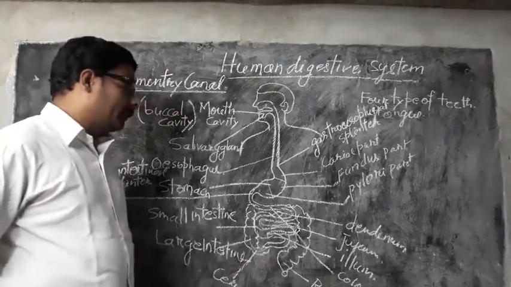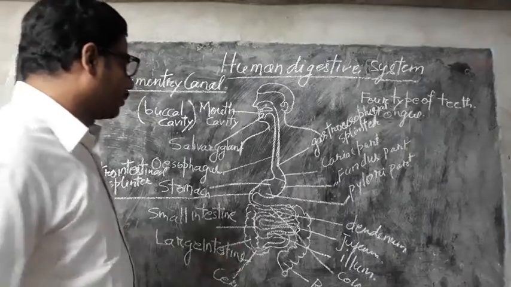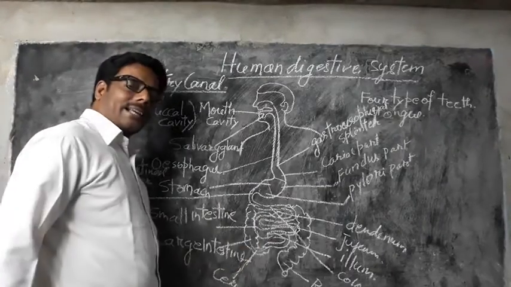The rectum is a hollow bag-like structure. The colon has three types.